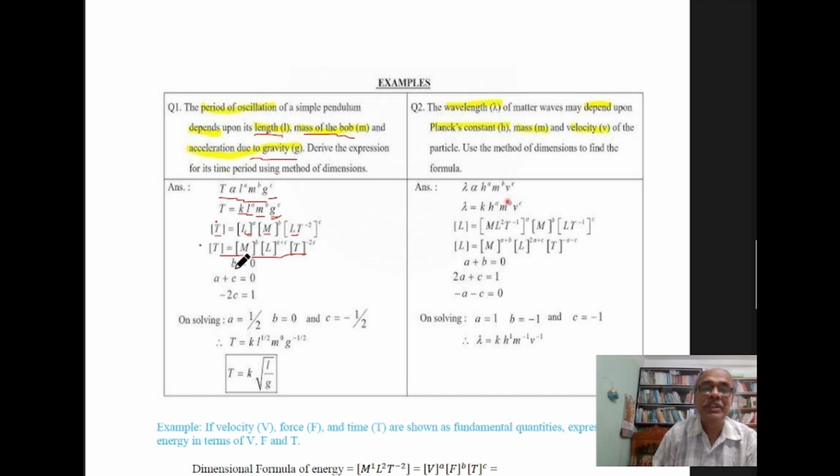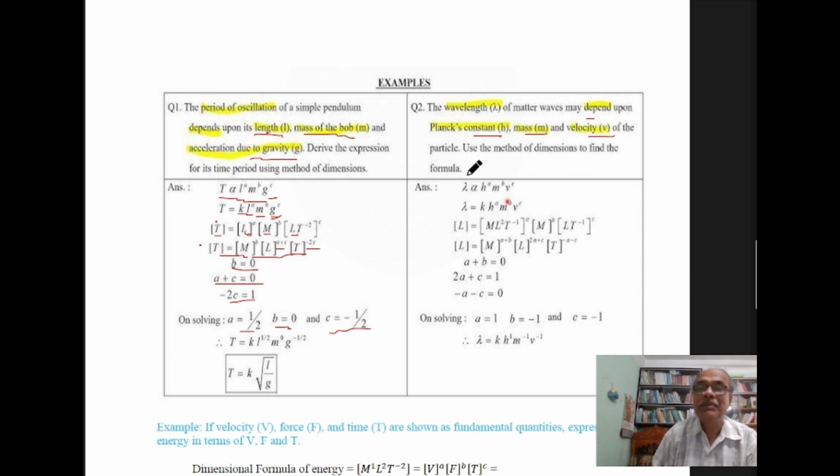No M is present, so b equals 0. For L, a plus c equals 0, and for T, minus 2c equals 1. After solving, we get a equals half, b equals 0, c equals minus half. Substituting these values, T equals k into root over L by g.